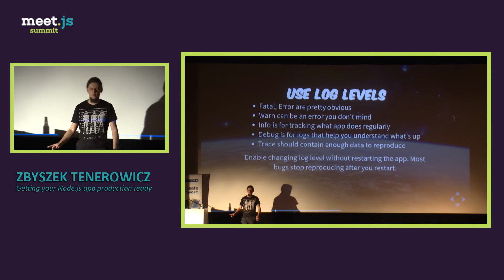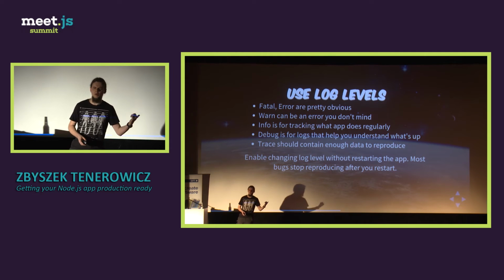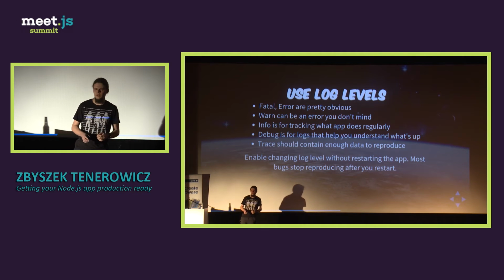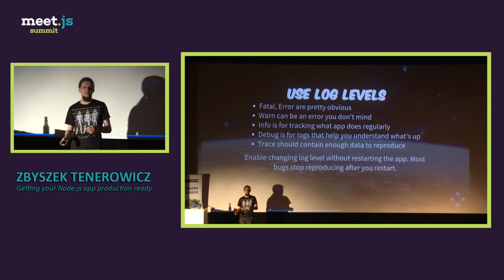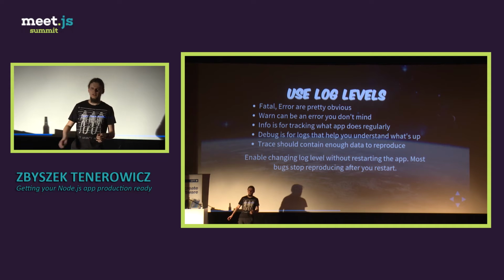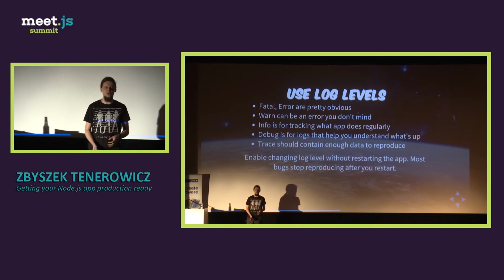Then there's info, which is just the regular things in your application as you probably saw before. Request begins, request ends, something gets stored in a DB. Cool. So there's debug. Debug is the log level at which you start giving yourself information that you need to figure out what the app is actually doing in the business logic. And there's trace, which should contain all the data required to reproduce.